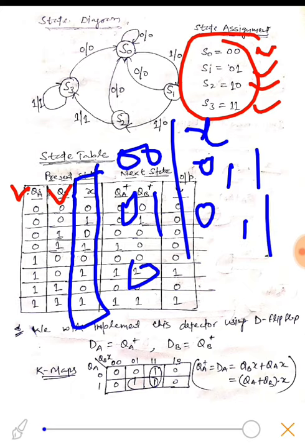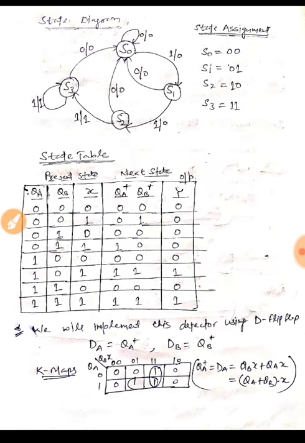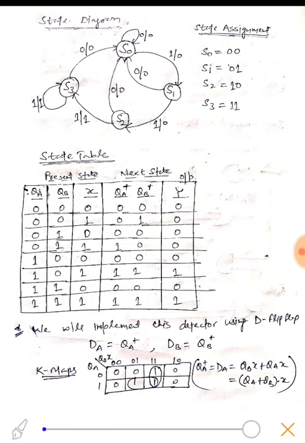If it is in state 10, again input can be 0 or 1, and if it is in the fourth state, that is 11, input can be 0 or 1. So we will have 4 into 2, that is 8 combinations of input and present states.